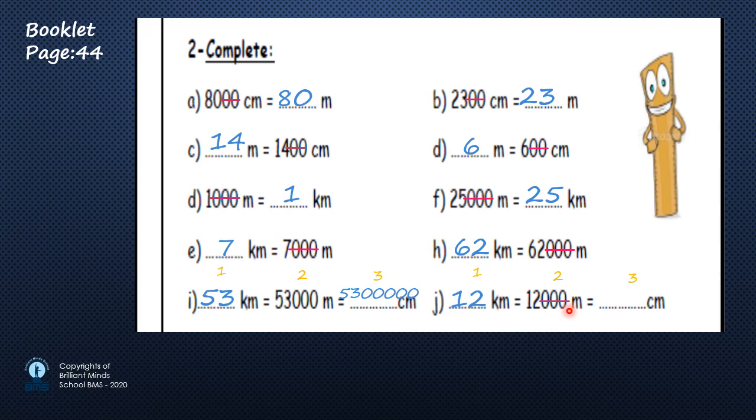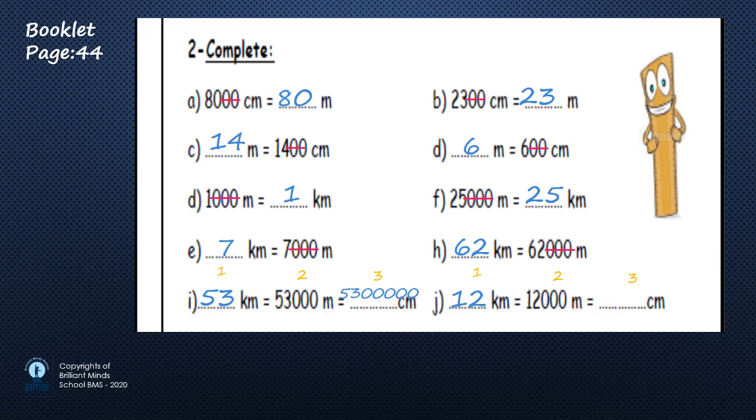Now, we're gonna answer part 2 with part 3. Okay, we said the second part still as it is. We're gonna erase the dash. When we cancel the zeros, we still have 12,000 meter. 12,000 meter equal space centimeter. From what to what? From small to big or from big to small?